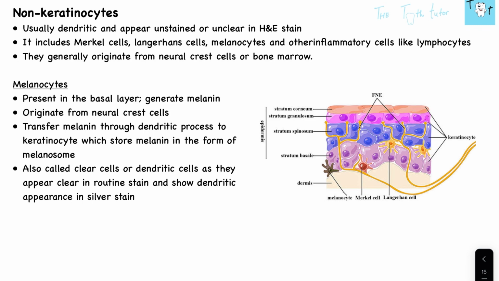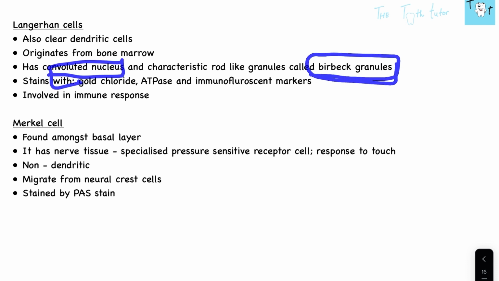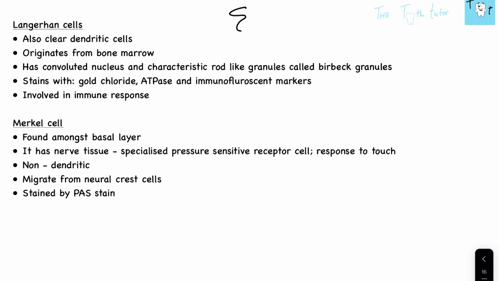Now the second, that is the Langerhans cells. So you can see over here, these are the Langerhans cells. Okay. They are also dendritic in shape. They originate from the bone marrow, and they have a convoluted nucleus and some granules that are called Birbeck granules.